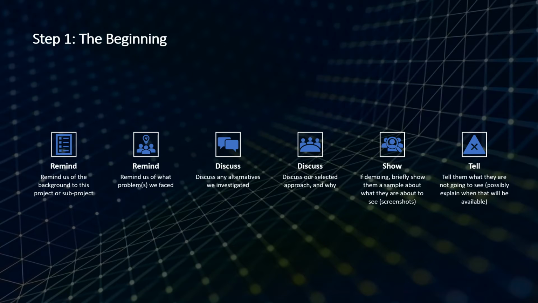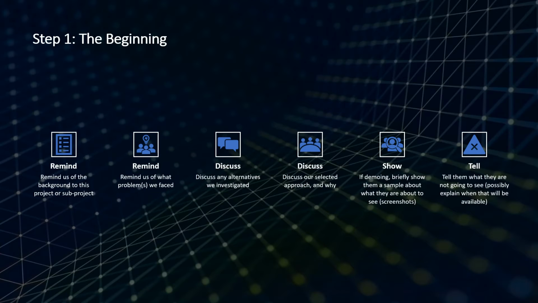Now talking about step 1, that is the beginning. This is your opener, in which you lay out why you're speaking to the audience. A common mistake that presenters make is that they assume that everybody is completely aware and up to speed with the background to the topic.